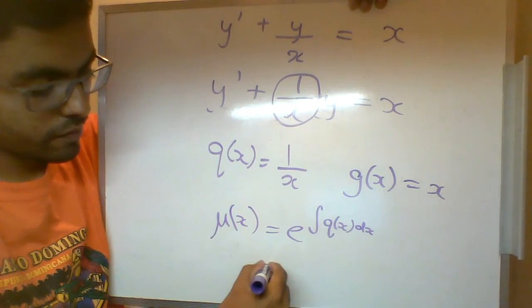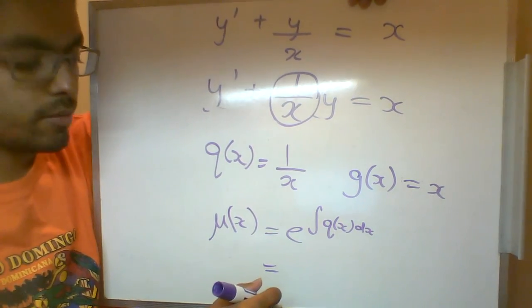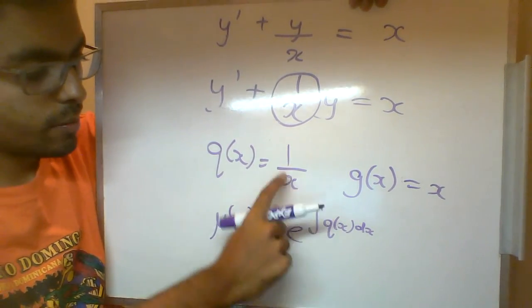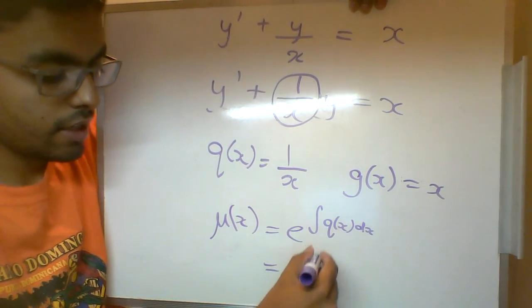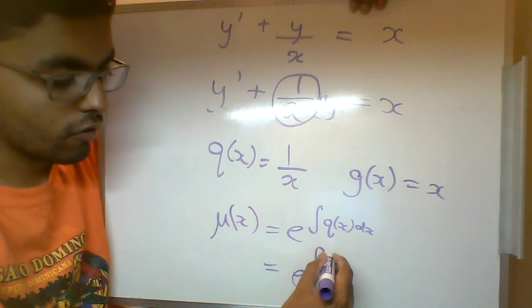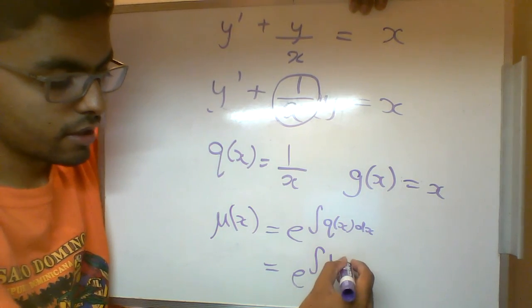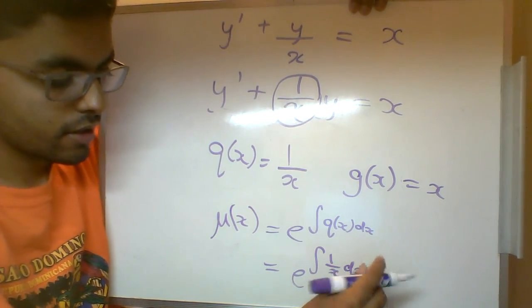All right? And what that comes out to is we need to sub in this 1 over x for the little q of x, right? So we get e to the integral of 1 over x dx.